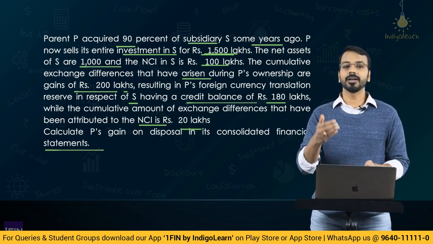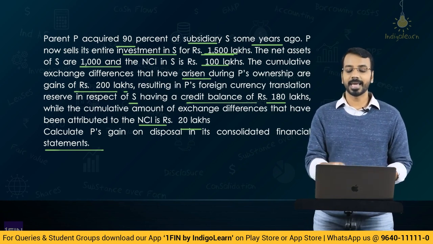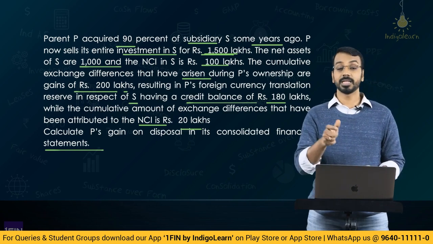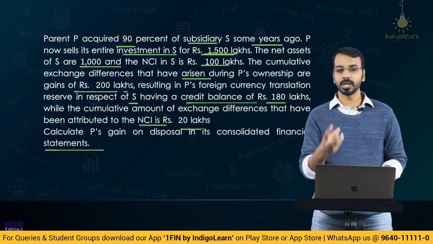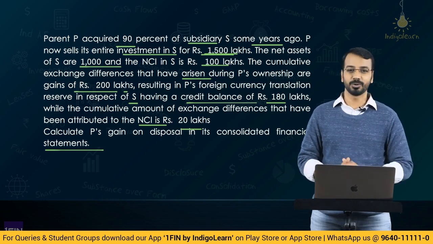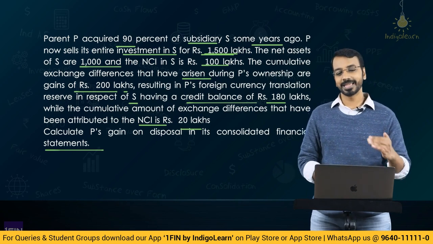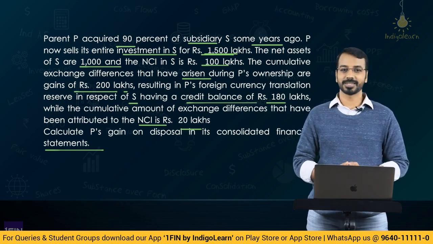So 1500 minus 900 is 600, plus 180 which is lying in OCI, that has to be transferred to P&L, that is also a gain on disposal. So 600 plus 180, 780 is the gain on disposal. That is a quicker way to do it, but let's put it down on pen and paper, in my case in Excel, and see how we calculate this gain or loss.